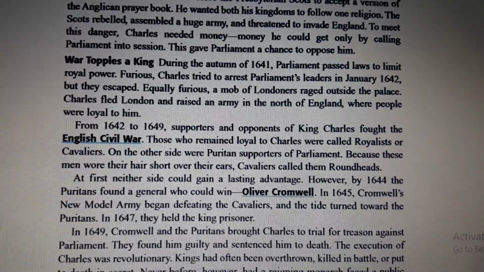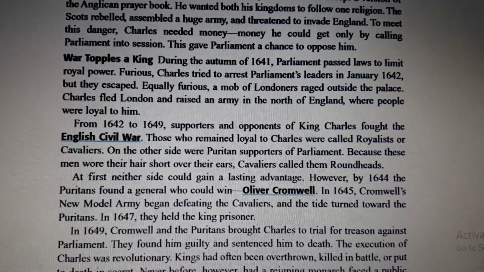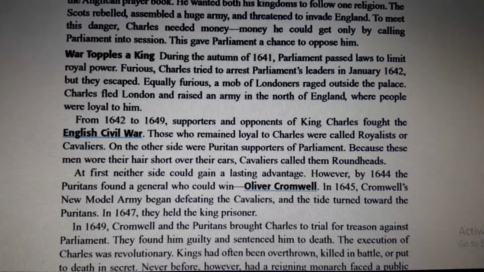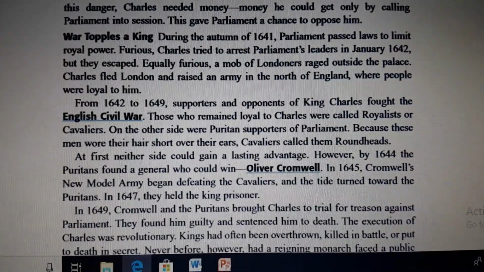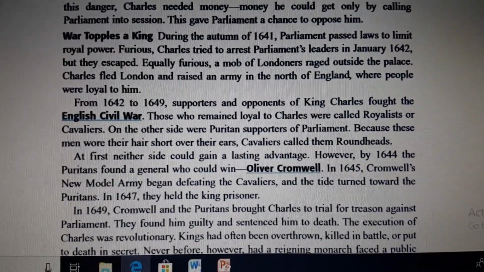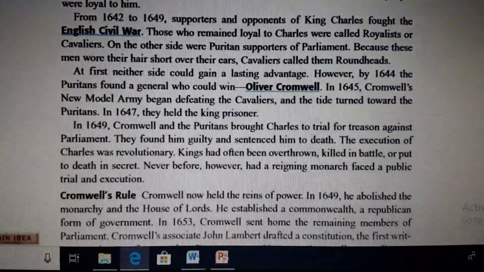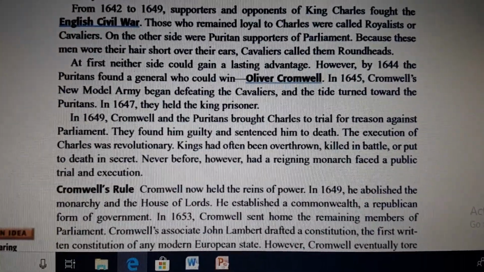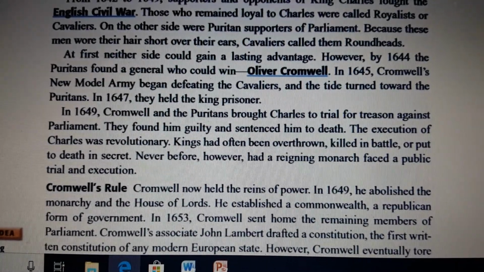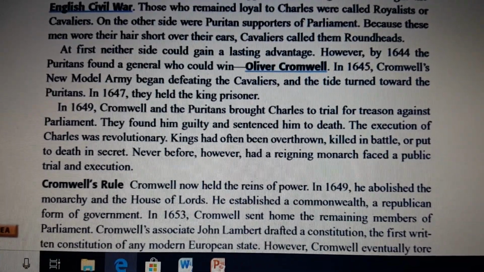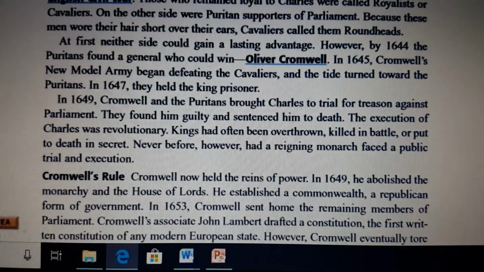Kings had often been overthrown, killed in battle, or put to death in secret. But never before had a reigning monarch faced a public trial and execution.